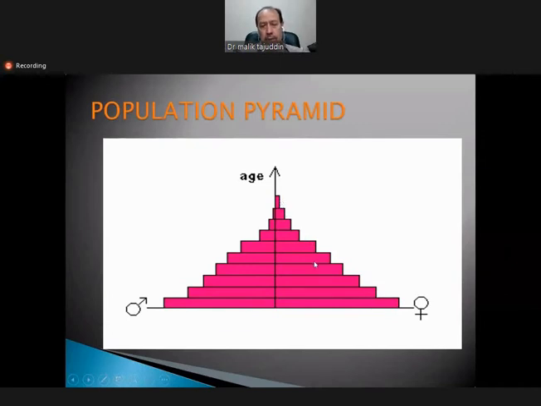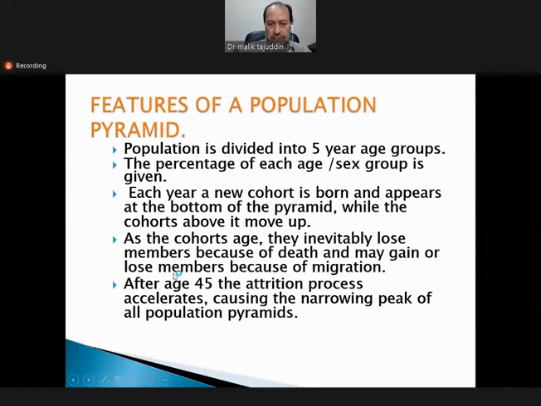And the population which is going to die during this will be excluded here. So each year, this plot will be revised or restructured. As the cohorts age, they inevitably lose members because of death and may gain or lose members.